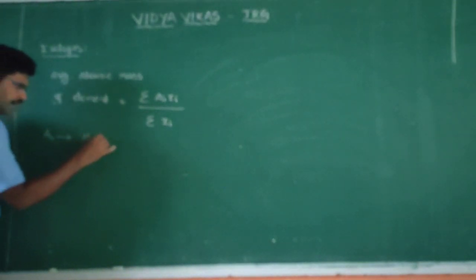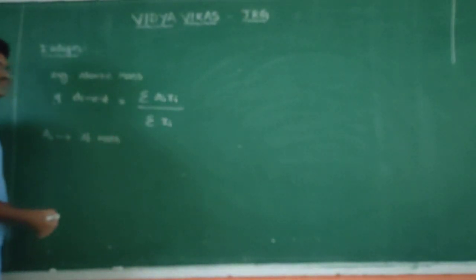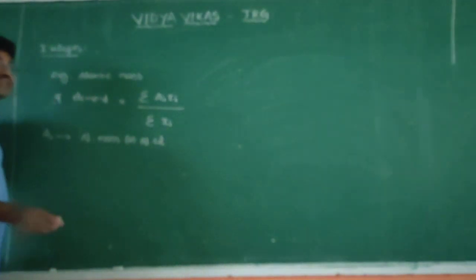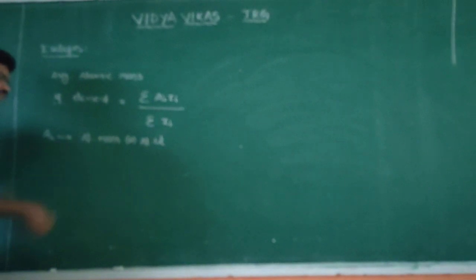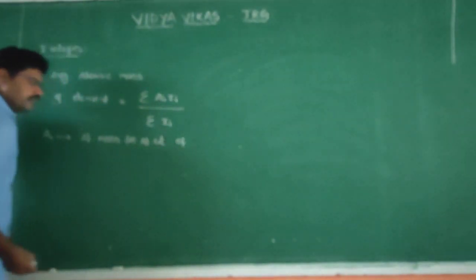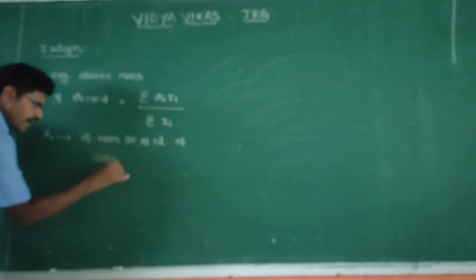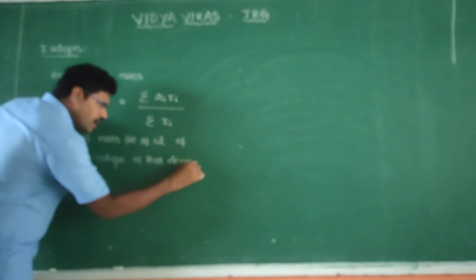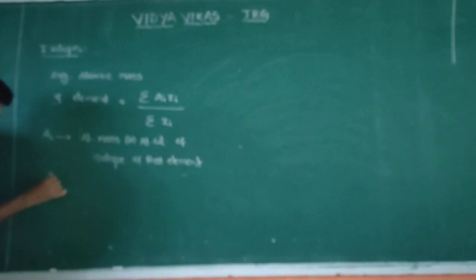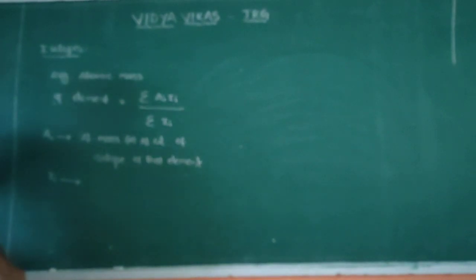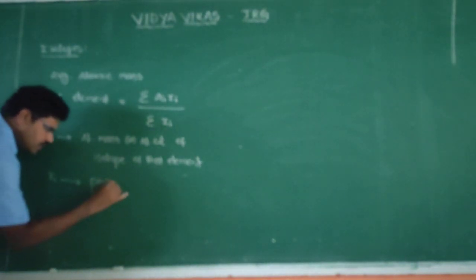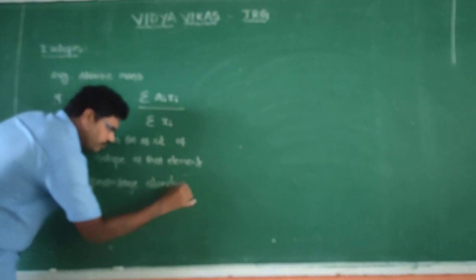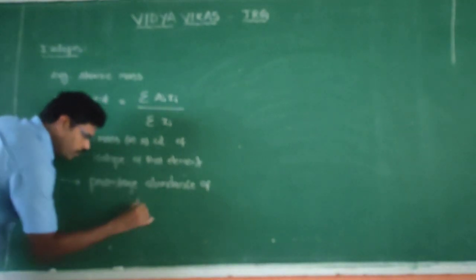Ai is the atomic mass, sometimes also called atomic weight, of an isotope of that element. And what about Xi? Xi is the percentage abundance of that isotope.